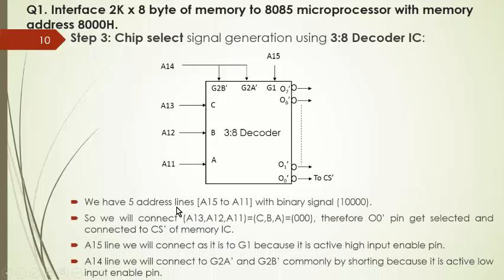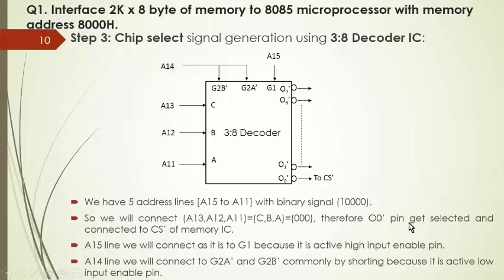Here A11 to A13 are 0 0 0, so you will get an active low output signal from the O0 bar pin of the 3:8 decoder. This O0 bar pin you have to connect to the chip select signal of the memory IC.